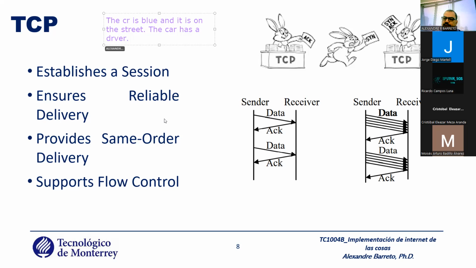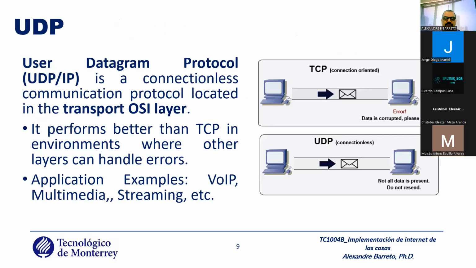In this type of application, you don't use the Transmission Control Protocol. You don't use TCP. You use another one, that is UDP, okay? UDP is the User Datagram Protocol.